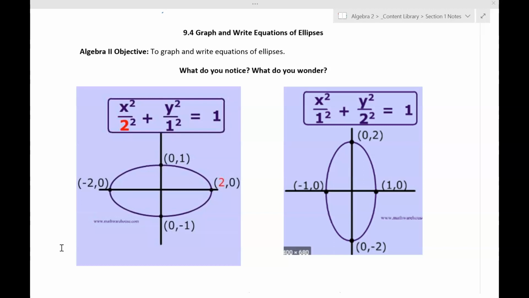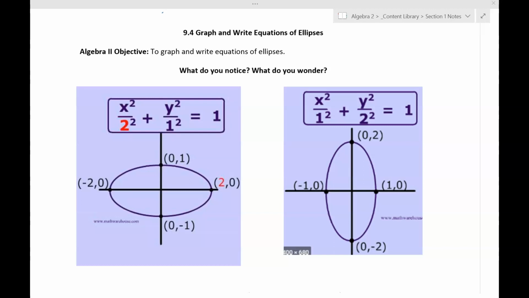But you notice when it's horizontal, this vertex's x value is underneath here, while this one's x value is underneath here, and this y value here of this vertex is here.